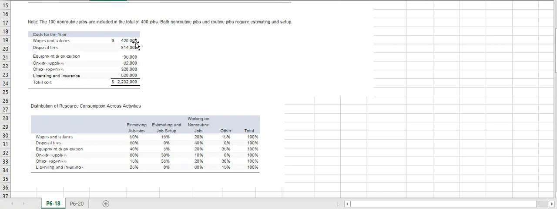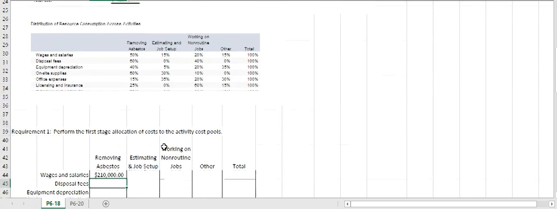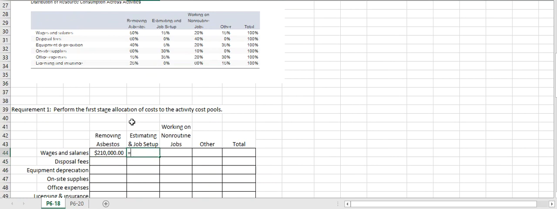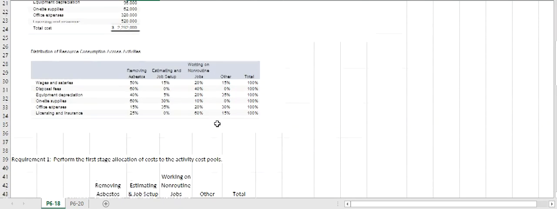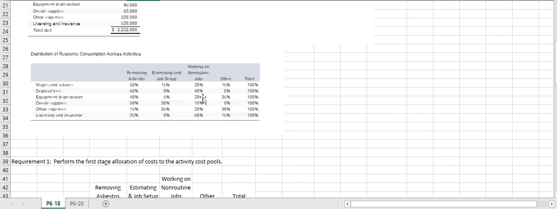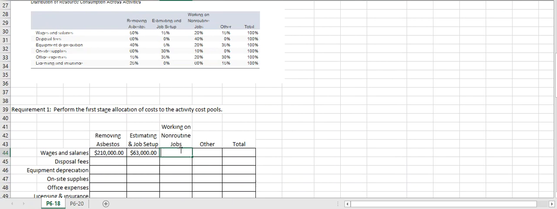We're going to use $420,000, but we're going to multiply it by a different percent in each case. We've got 15% for estimating job setup. And let's say 20% for non-routine jobs. And I think it's 15% for other.